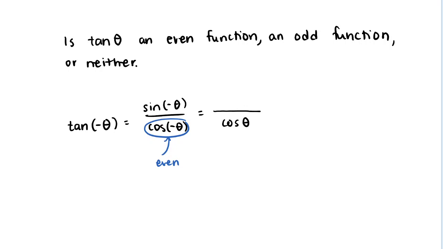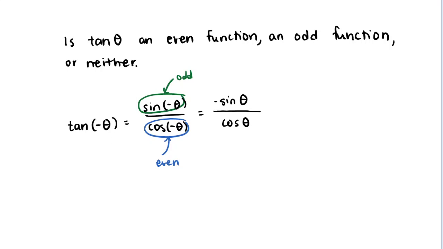And then sine is an odd function. And so what does that mean? That means that if we negate the input, that's really the same as negating the output. We can re-express this and we'll get the same result as negative sine of theta. Negating the input is equivalent to negating the output.